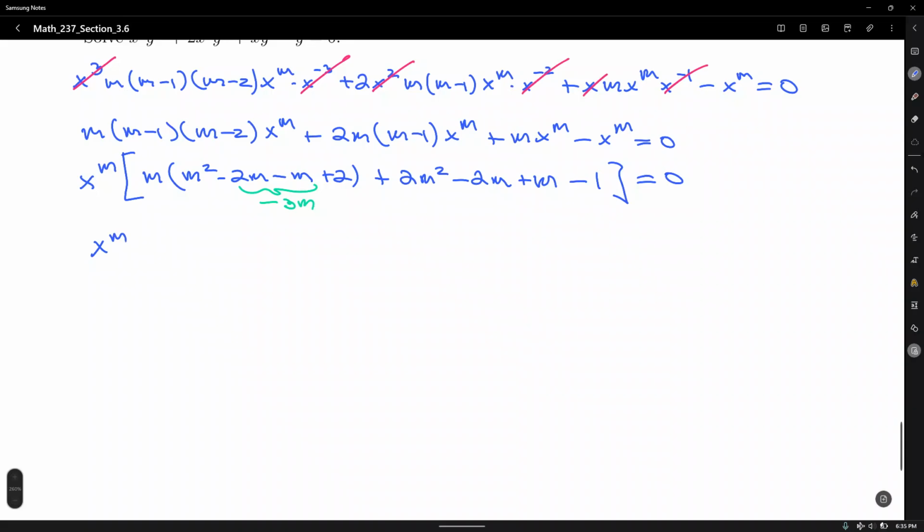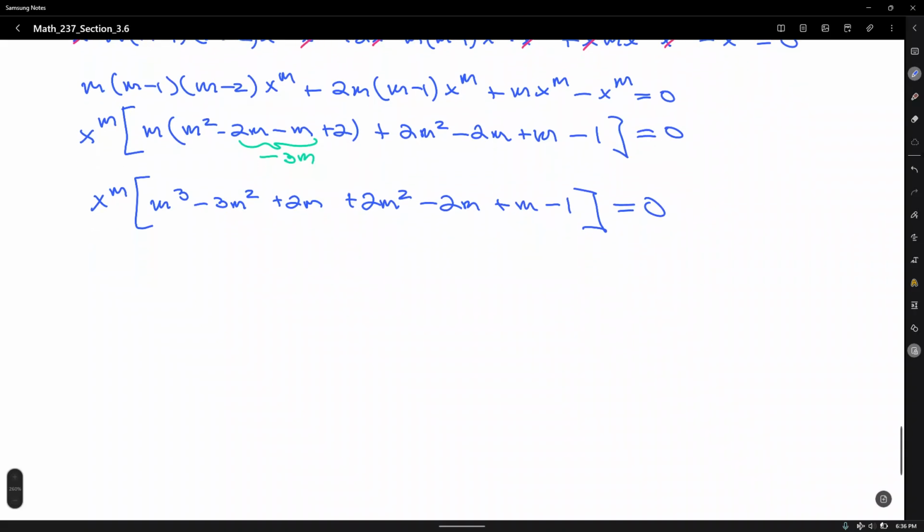Okay, so that is x to the m times m cubed, m times the negative 3m, that is minus 3m squared, and then m times 2, that's plus 2m, and then plus 2m squared minus 2m plus m minus 1. All right, and let that be equal to 0.